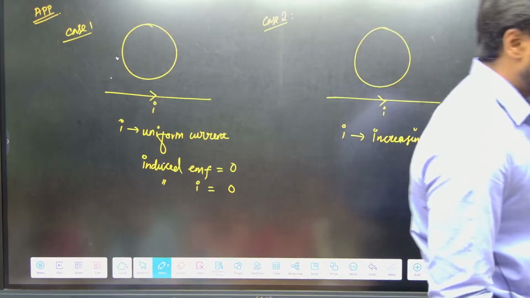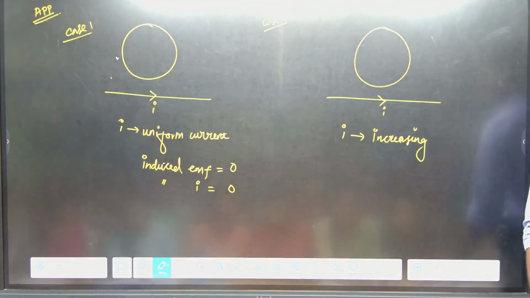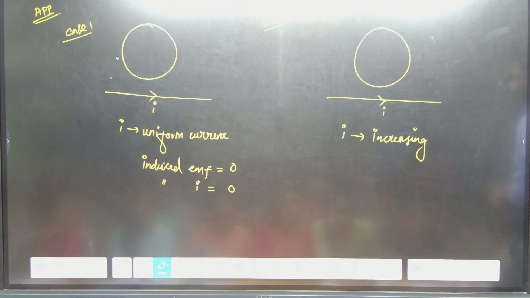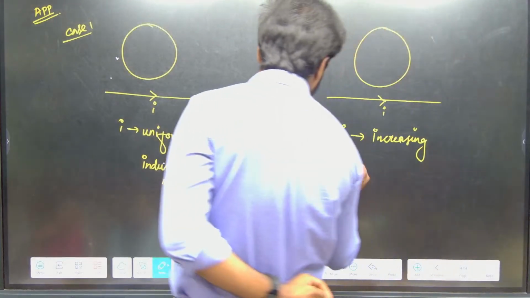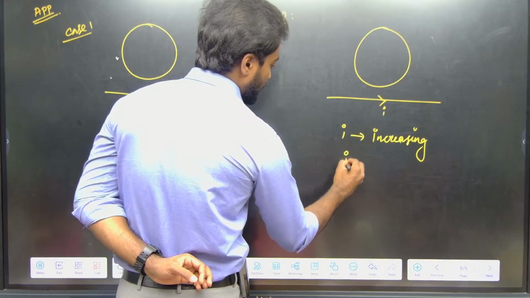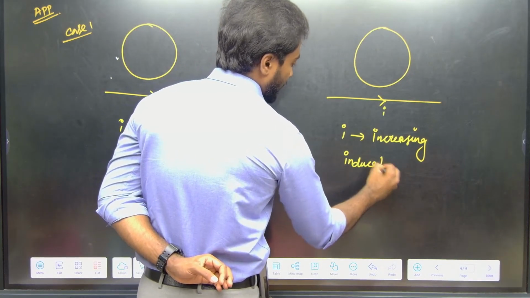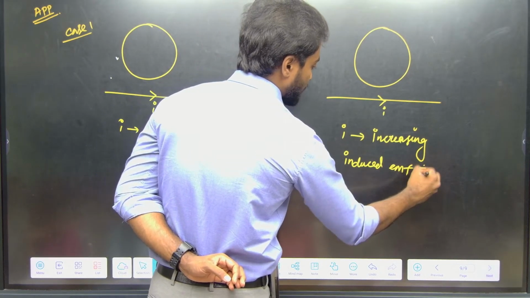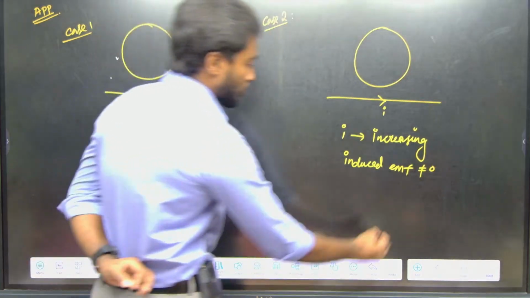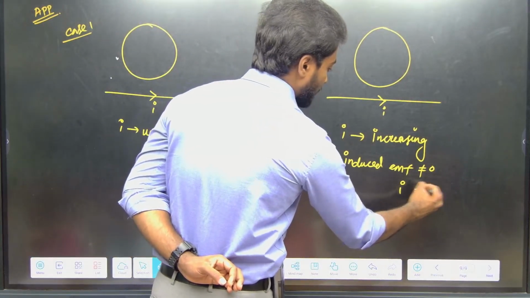If current changes, what about the magnetic field? If magnetic field changes, obviously the flux also will change. So if there is change in flux, obviously induced EMF will not be equal to 0 and induced current also will not be equal to 0.